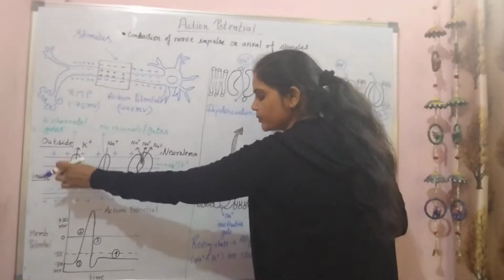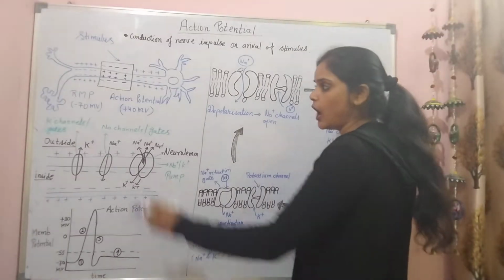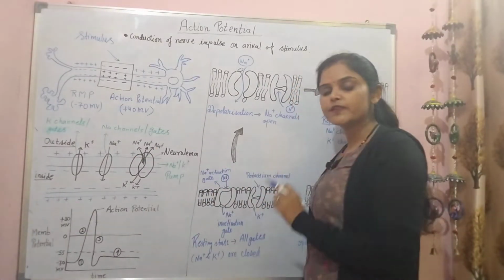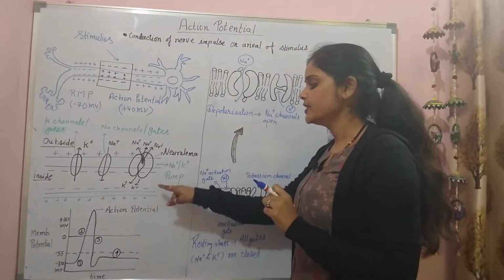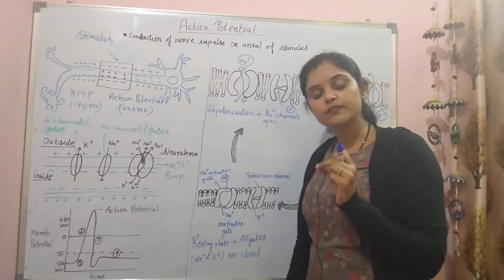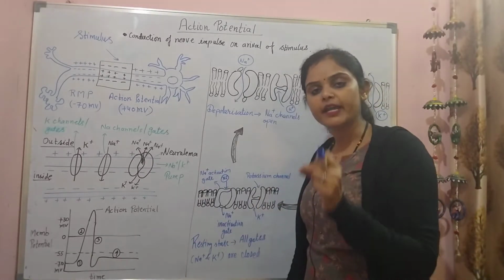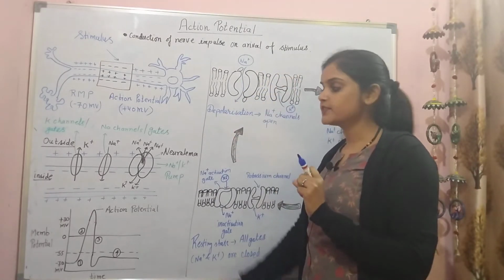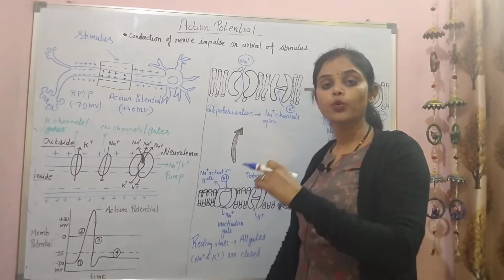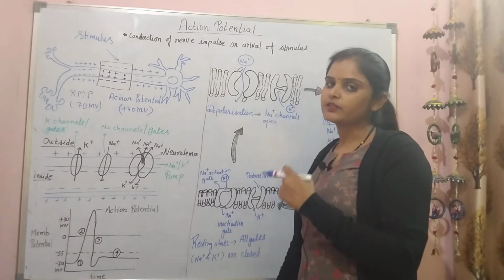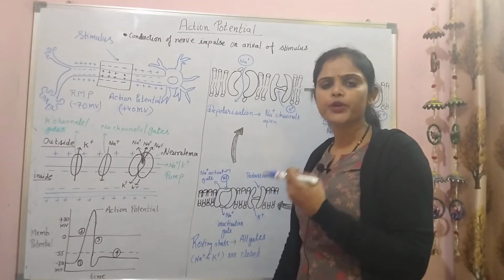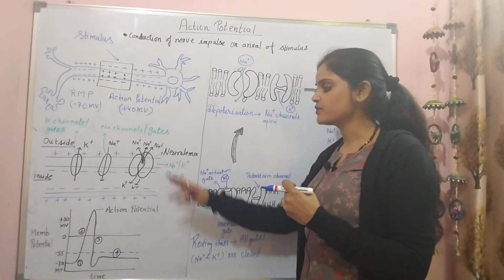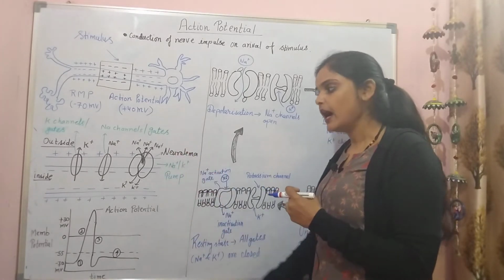The outside of the membrane always has a positive charge and the inside always has a negative charge. We discussed why in our previous video: the concentration of sodium ion is higher outside, and in the intracellular fluid the concentration of potassium ion is much higher. That's why there is a difference in these ions.